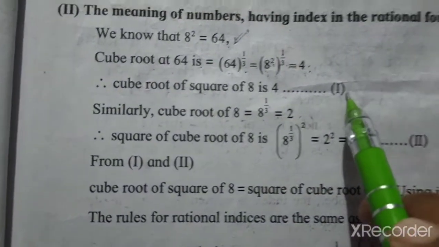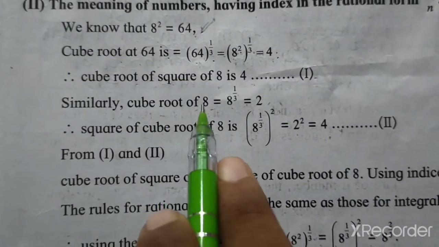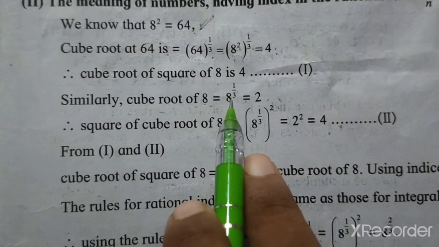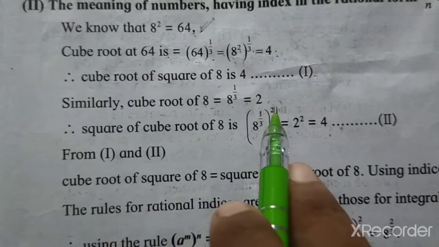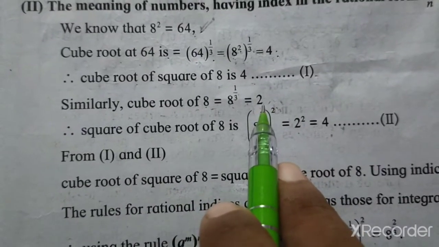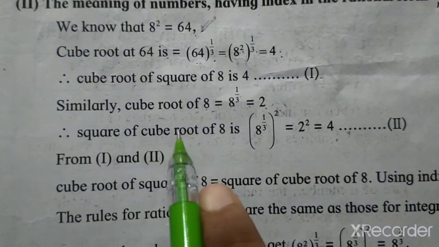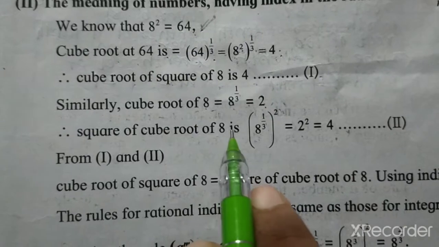Now similarly, the cube root of 8 is 2, since 2 into 2 into 2, three times 2, gives 8. So we get the square of the cube root of 8.